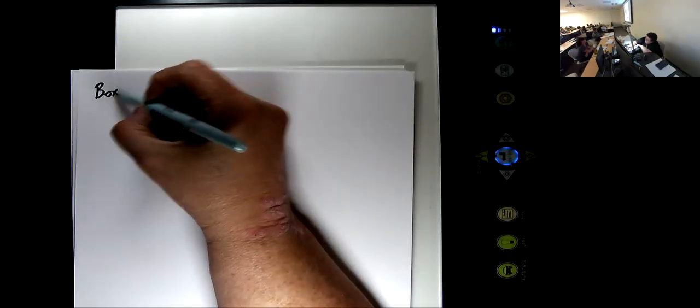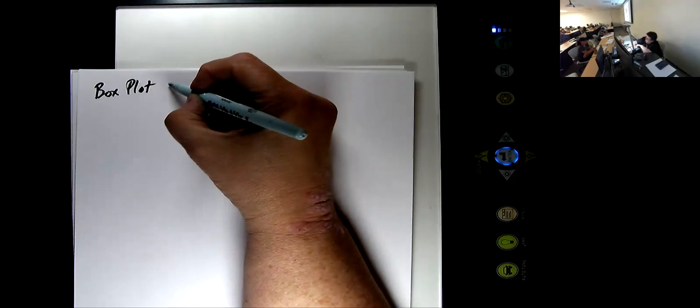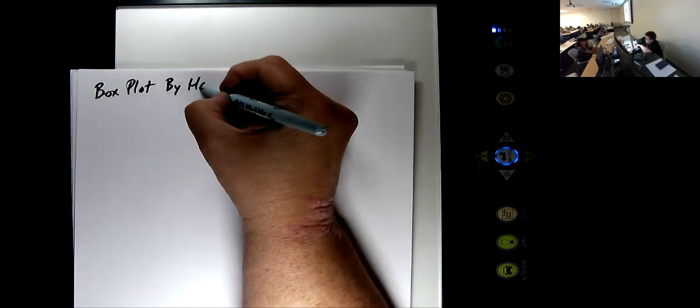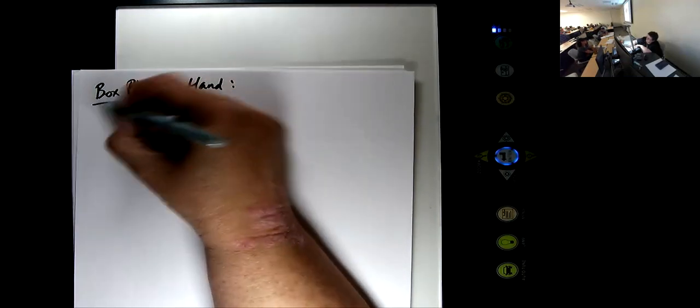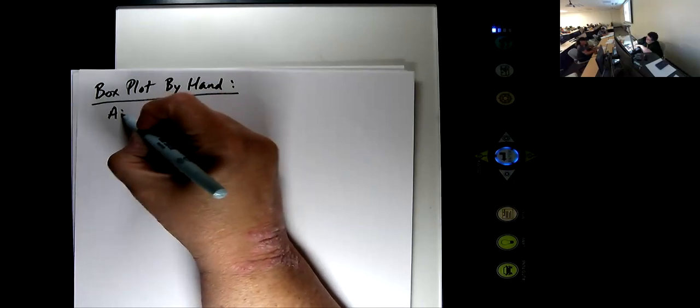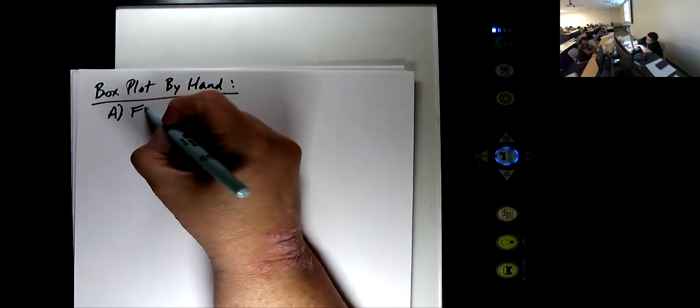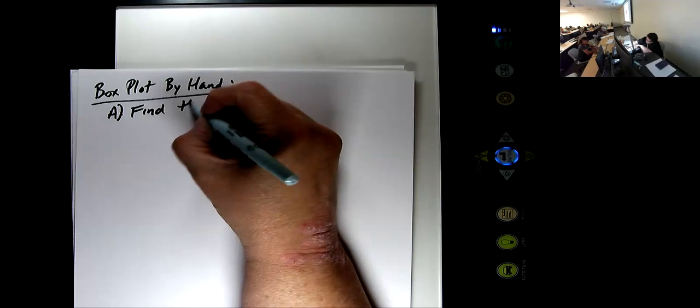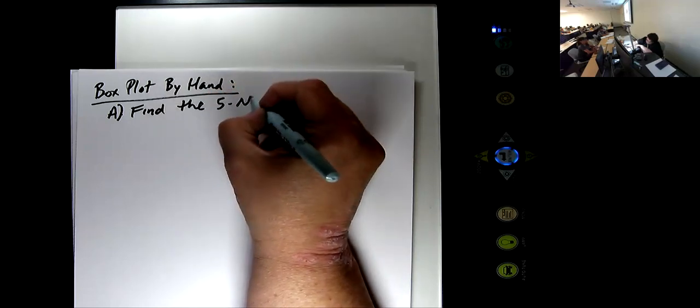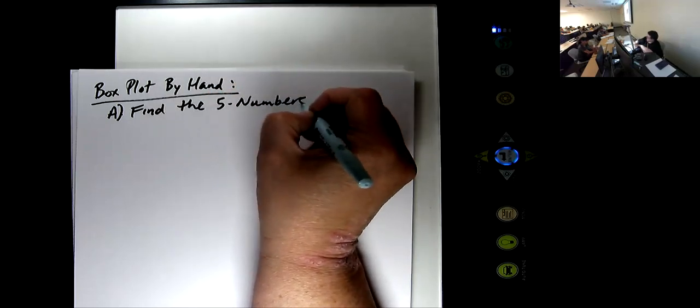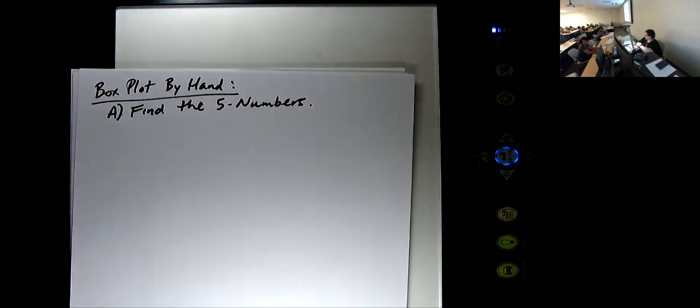Alright. How do we do the box plot by hand? This is what we do. I'll give you the rules and then we're gonna do it. A, find the 5-number summary. Find the 5 numbers. That's where everything starts.